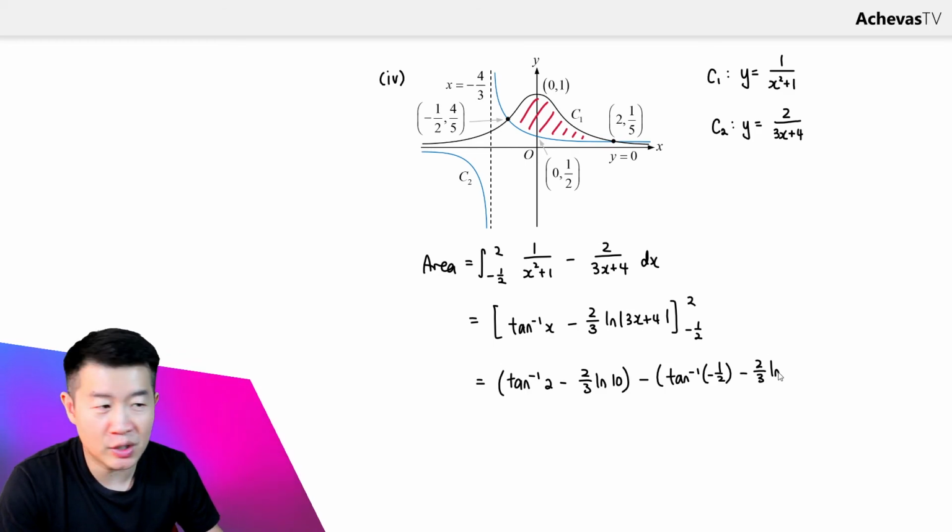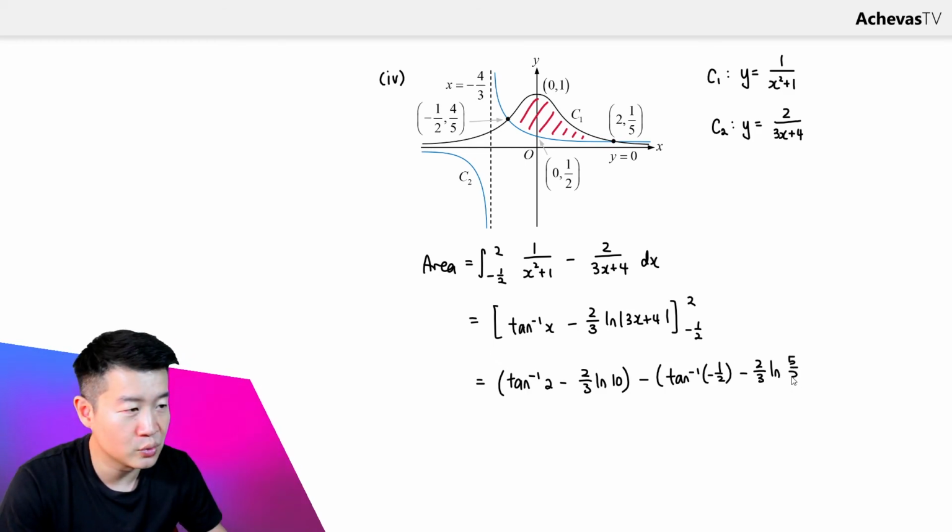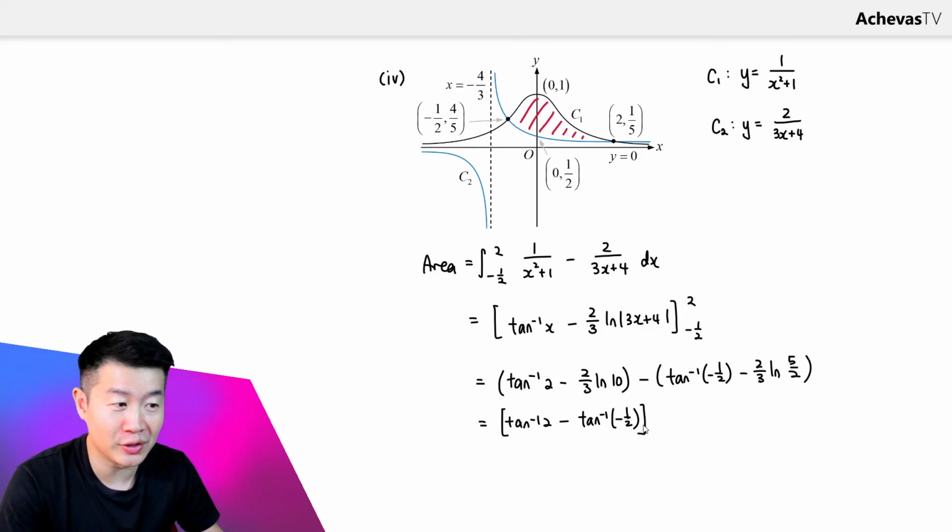This is going to be equal to 5 over 2. And if I were to combine this and this together, isn't it familiar? Tangent inverse 2 minus tangent inverse of minus half. This was actually what we have explained in part 1 of the question, which means that for this, it is going to end up with a half pi.